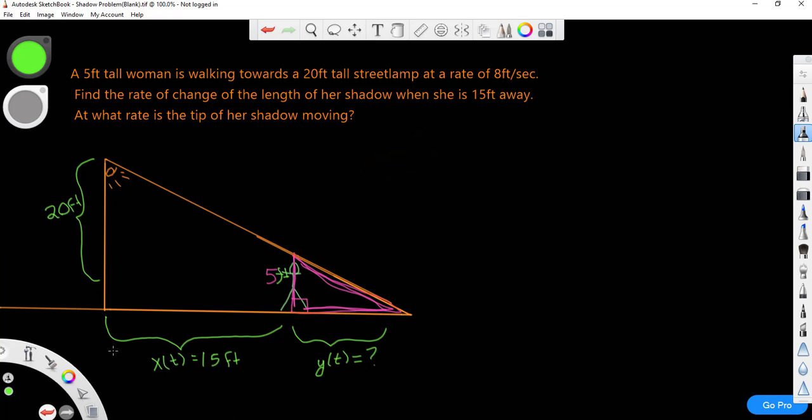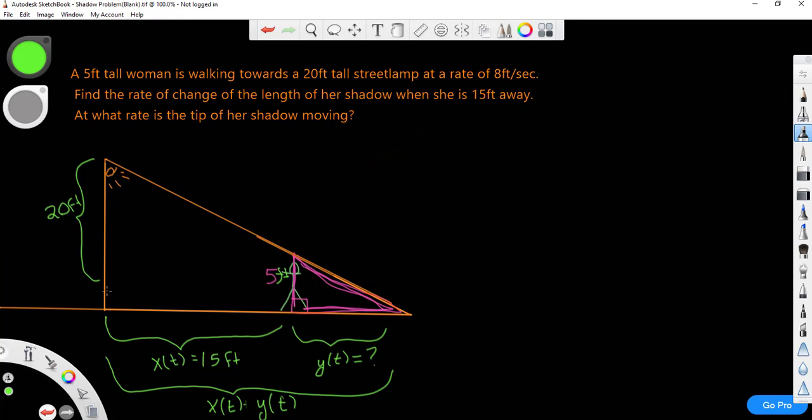Also, notice that this total distance right here is x of t plus y of t. So at time t, I can add these two distances up and get this total distance here.